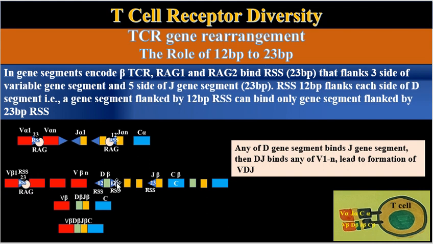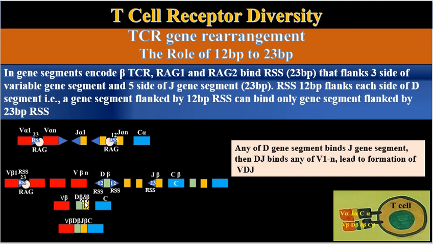And according to this rule, now this segment, this is flanked by the 12 base pair recombination signal sequence. It binds the joining beta, and this will lead to formation of D beta J beta, or DJ beta.